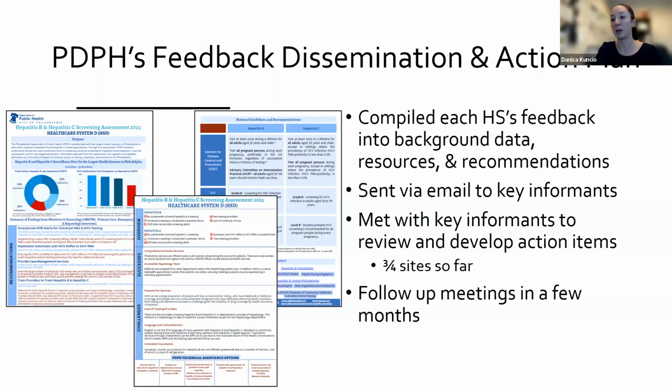And then we are planning for follow-up meetings with all of the groups in a few months, because in these conversations, they came up independently with several things that they could be doing internally, providing that internal knowledge to apply some of these strategies. And we want to be able to talk through follow through, and has it worked? And if not, how can we facilitate, or what are they going to do to push things forward?